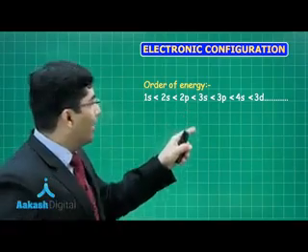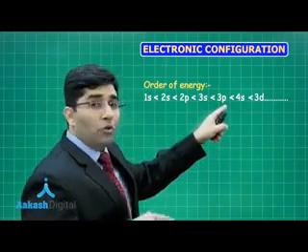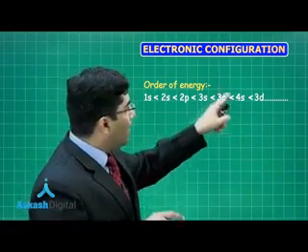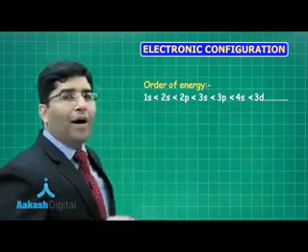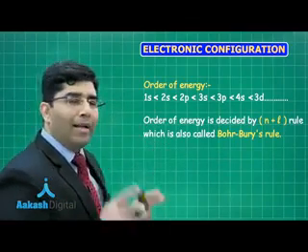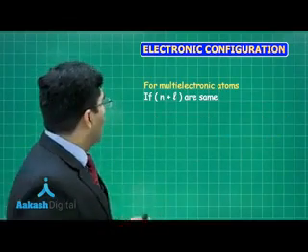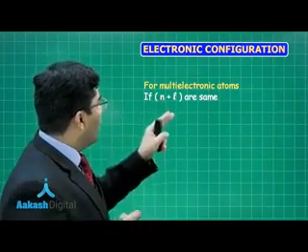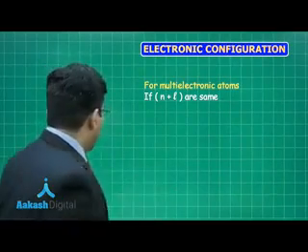Now you might be thinking 3d belongs to the third shell, 4s belongs to the fourth shell. And why is the energy of 3d more than 4s? We find the energy of a subshell by the n plus l rule, and that is also called the Bohr-Bury rule. For example, if in a multi-electron atom the value of n plus l is the same, let's take an example.